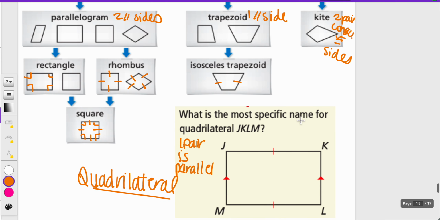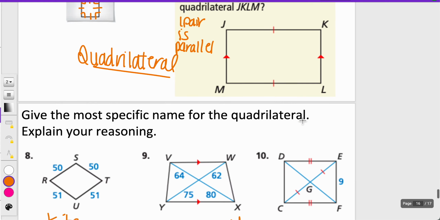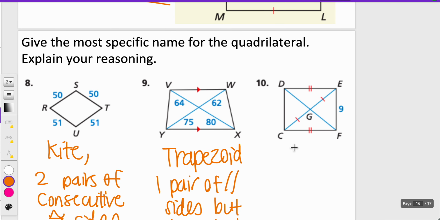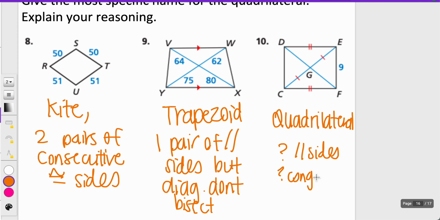For a rhombus, we have to show 4 congruent sides, and we don't know if it's parallel or not because they're not showing 2 pairs of parallel sides, so we can just name this a quadrilateral. We don't know about parallel sides, congruent sides, or angles.